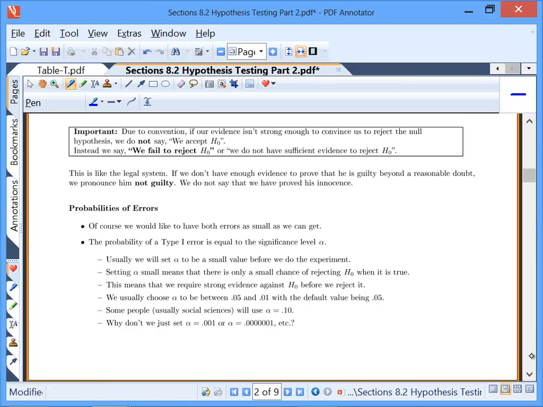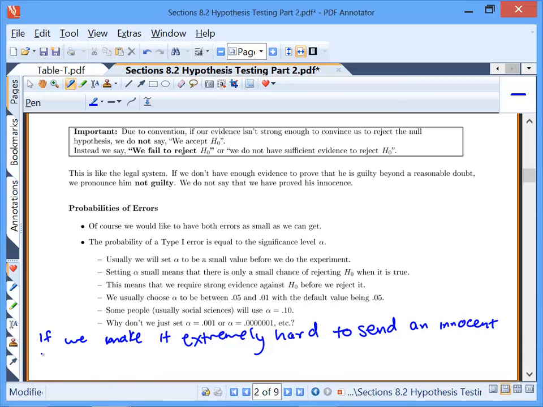Okay, so let's put it back in context of our jury decision. If we make it extremely hard to make a type 1 error, to send an innocent man to prison, then what's going to happen?